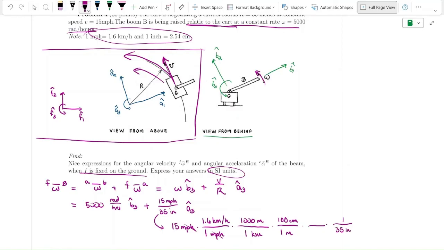And then we get this one, which is 1 inch is 2.54 centimeters. So 2.54 centimeters equals 1 inch. So this allows us to cancel this, cancel this, cancel this, cancel this. So this gives us 15 times 1.6 times 1, 2, 3. So I guess this is 26996.625.